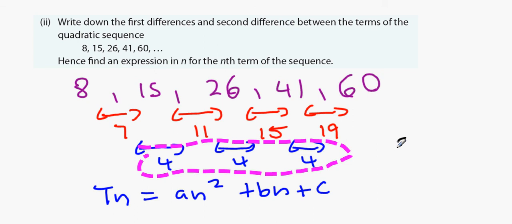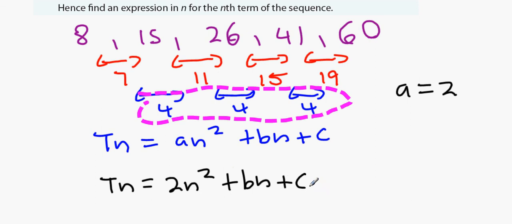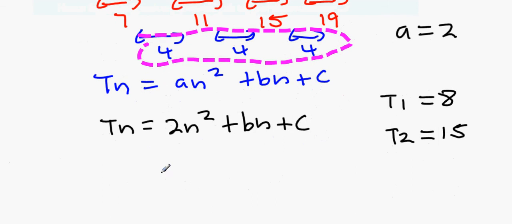So a equals 2. What we now know about Tn is that Tn is 2n squared plus bn plus c. We also know that T1 equals 8 and T2 equals 15. So we need to insert n equals 1 for T1.